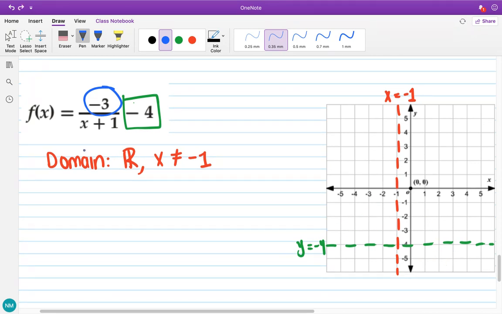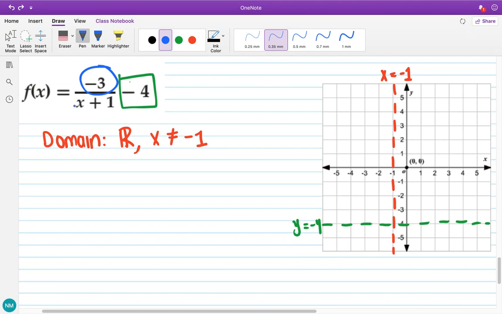So what's my y-intercept going to be? Well, if I plug in 0, I get -3 over 1, which is -3, then -3 minus 4. So my y-intercept, at x equals 0, is -3 minus 4, which is -7.